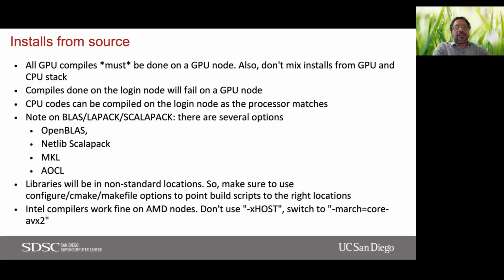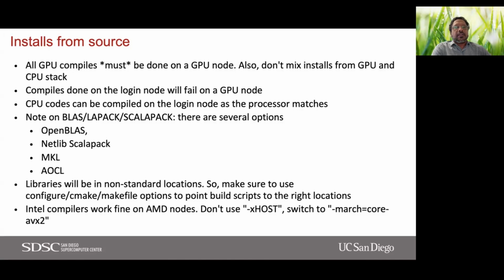Going back to some things to keep in mind, I've mentioned some of these, but I want to say it again. When you're installing from source, make sure all the compilers are compatible with the node that you're going to use it on. For example, if you're going to run on the GPU node, do the compilation on a GPU node too. Don't just compile on the login node and then try to run it on the GPU node. It's most likely going to fail. And as I said, don't mix installs between the GPU and CPU stacks.